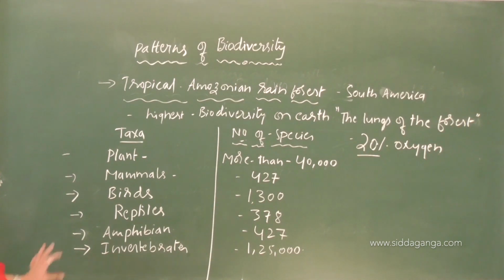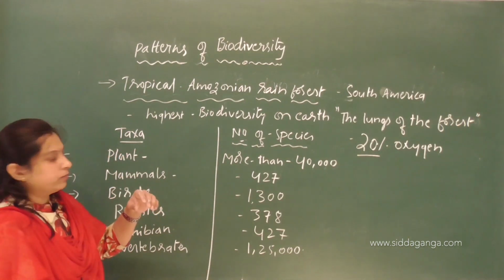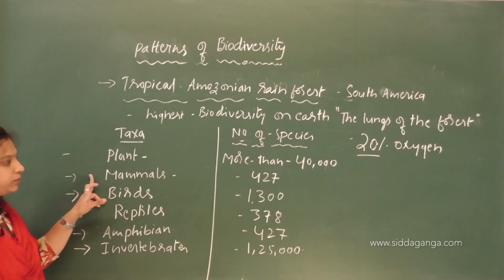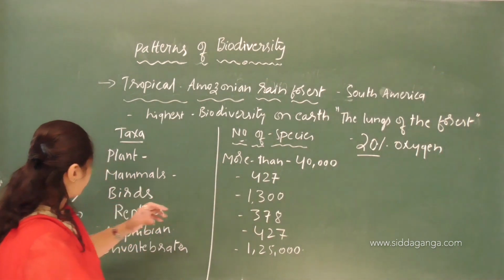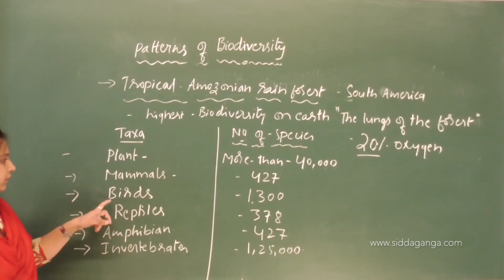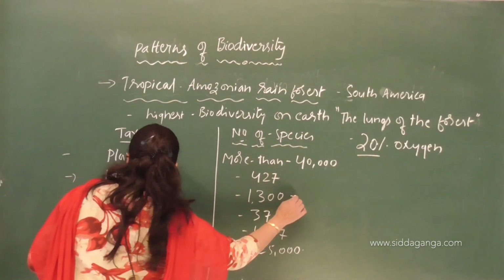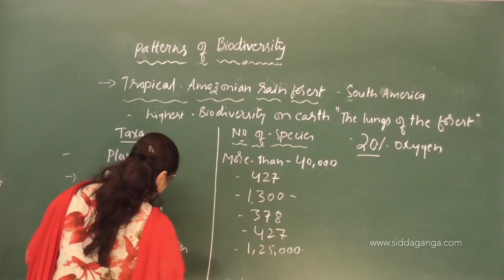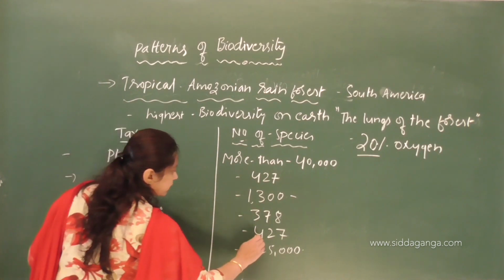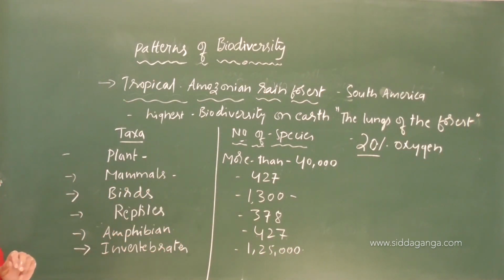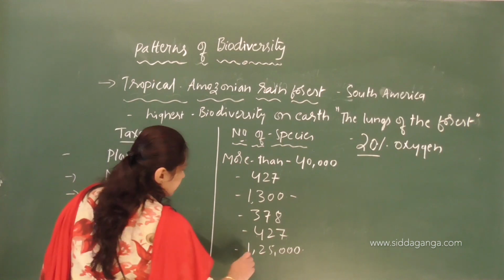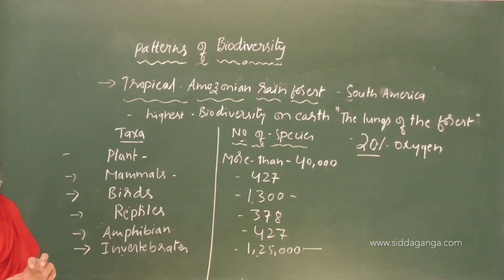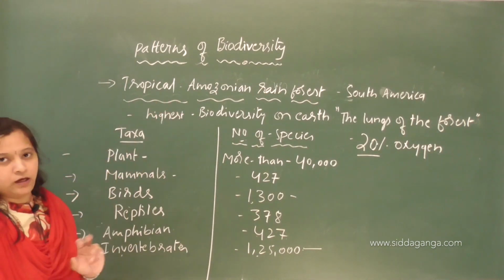So the number of plant species is more than 40,000, mammals 427, birds around 1,300, reptiles 378, amphibians 427, and invertebrates 1,25,000. So such a vast biodiversity is present in the Amazon rainforest.